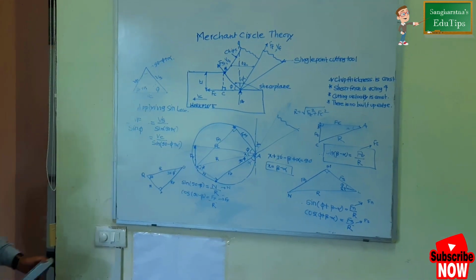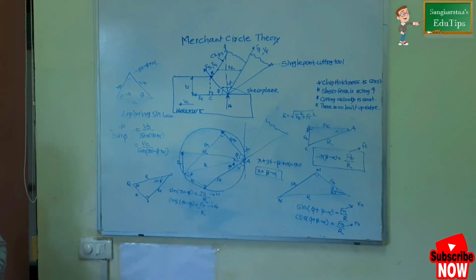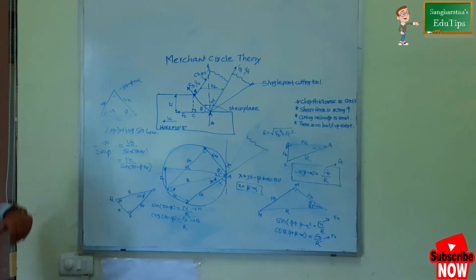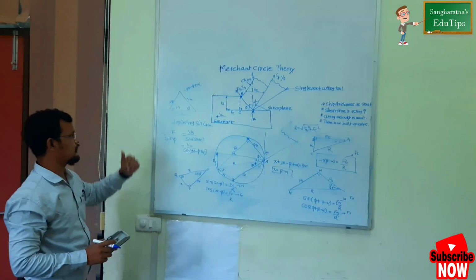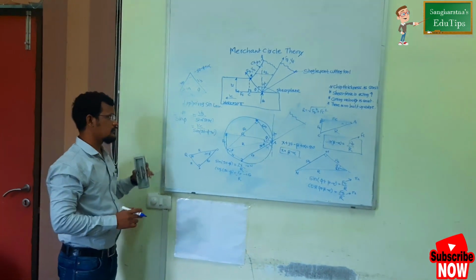Usually phi and alpha will be given in numerical problems, so we can easily calculate the cutting velocity, shear velocity and friction velocity.